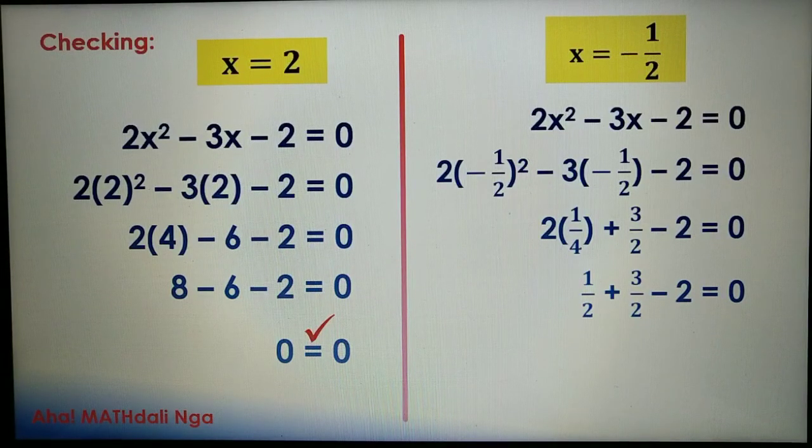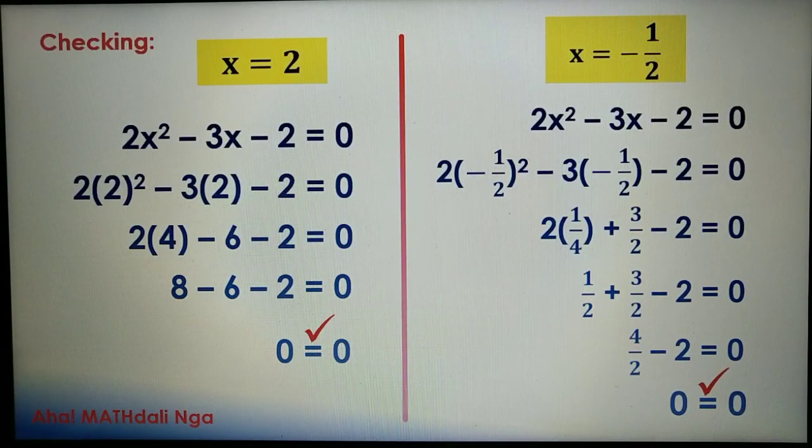1 half plus 3 halves is equal to 4 over 2. Minus 2 equals 0. 4 over 2 is actually 2, then minus 2 equals 0. 2 minus 2 is equal to 0, which is equal to 0.